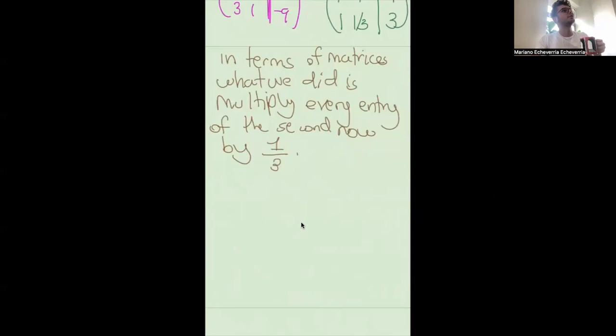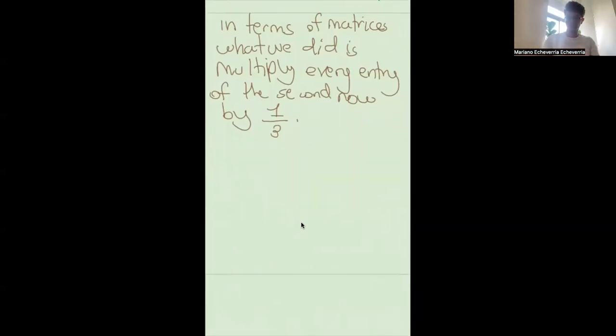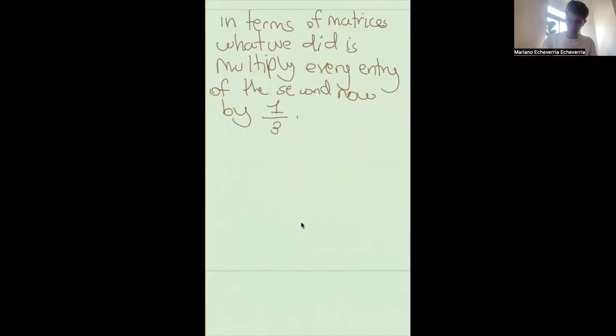Okay, so let me tell you the most complicated operation of the 3. This is the one about combining equations. It's called a linear combination of the equations.